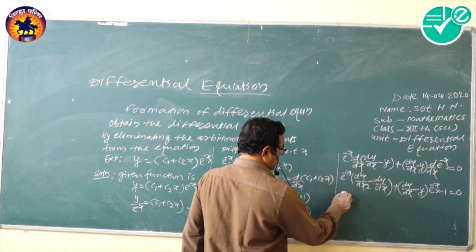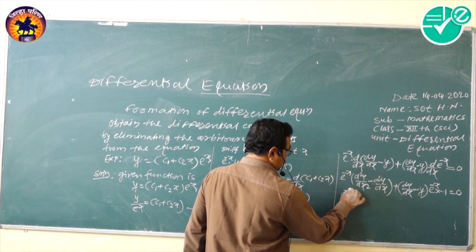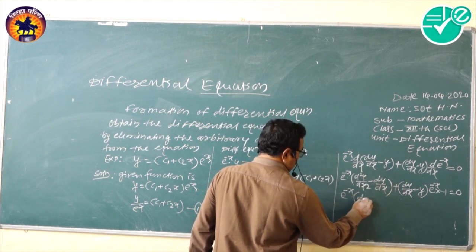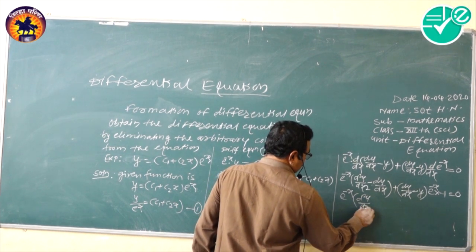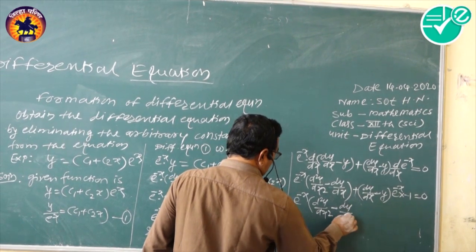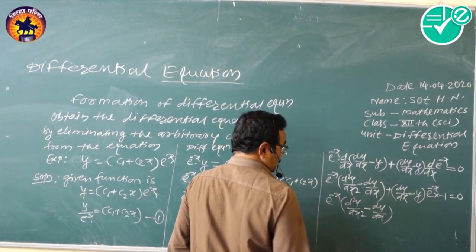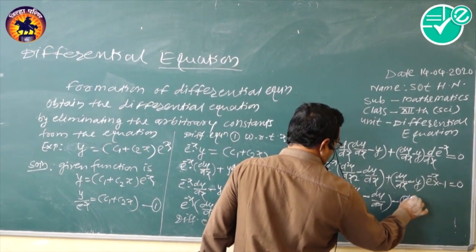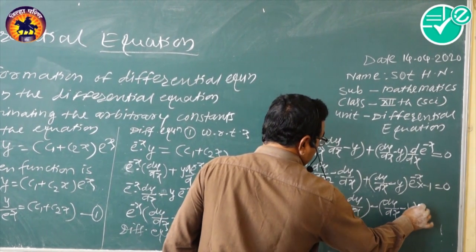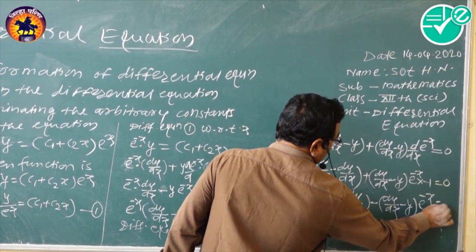This is e raised to minus x into d2y by dx square minus dy by dx, minus dy by dx minus y, e raised to minus x equal to 0.